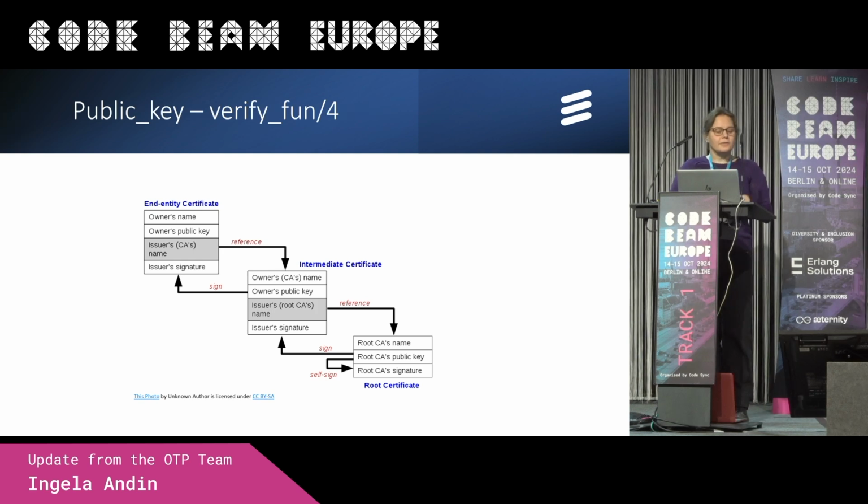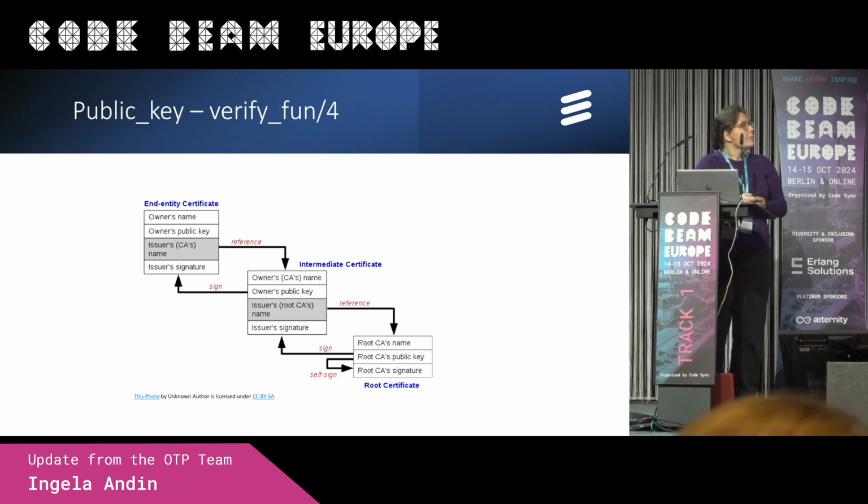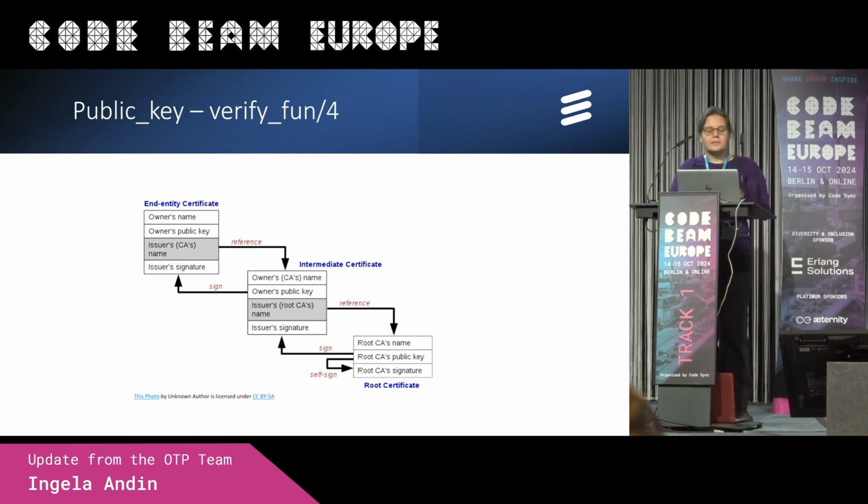This API will get the decoded certificate and some other information. So in 27.1, we added an argument to this verify fun, so that you can have a verify fun with an extra argument, so that you can also get the encoded certificate in this callback.